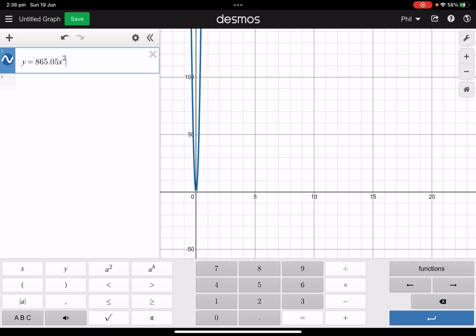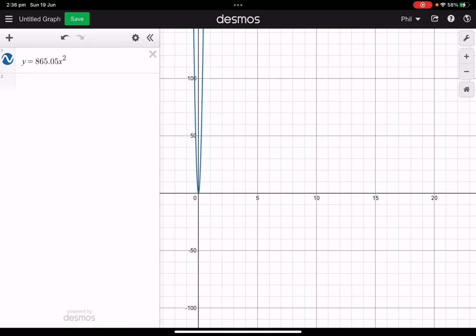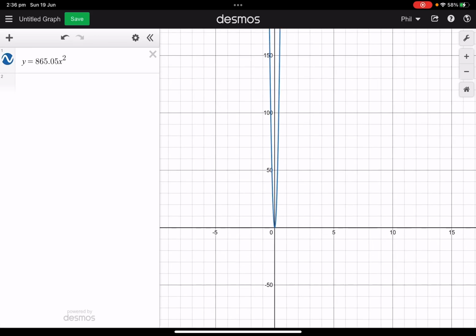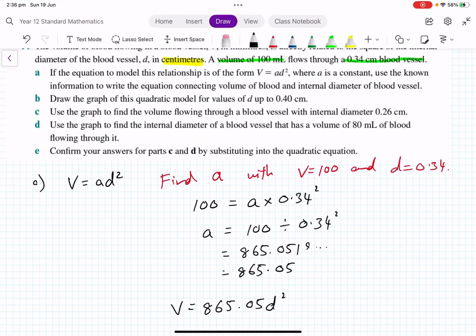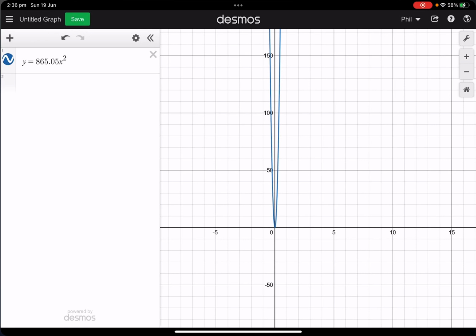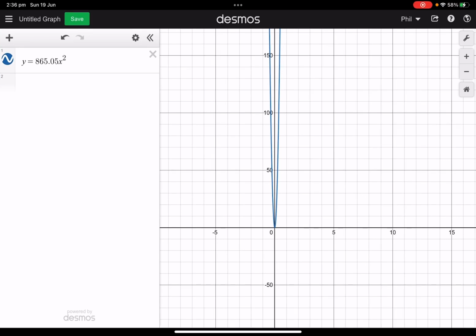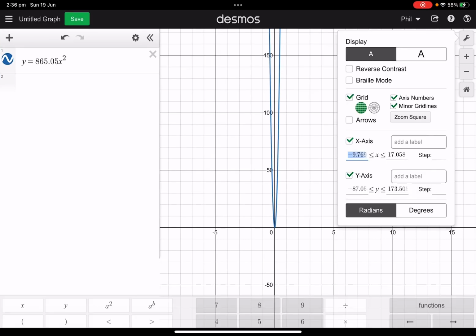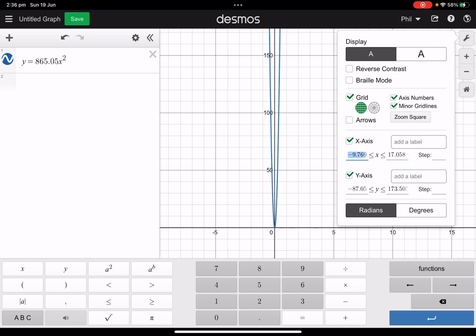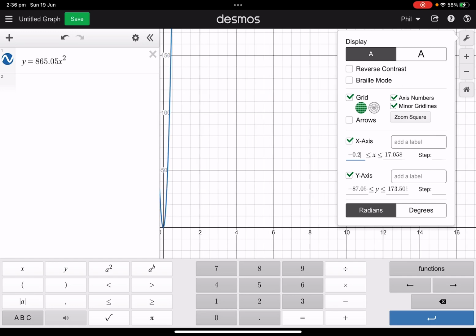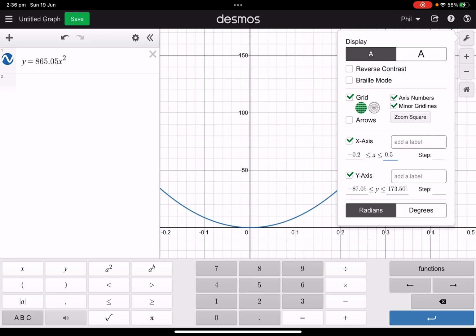Now what's going on here? Once again, we've got a bit of a problem. We're talking about very, very small values. If I read the question very carefully, it says draw the graph of this quadratic model for values of D up to 0.4. I've currently got my scale up to 15, so I'm going to set my x-axis to go from about minus 0.2 to about 0.5.